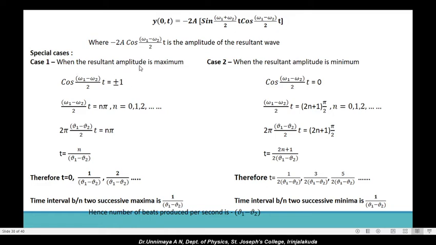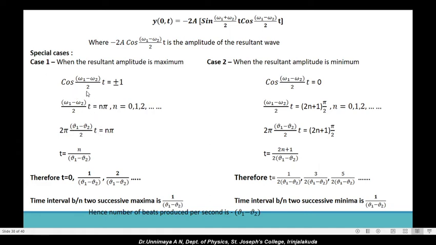So when the resultant amplitude is maximum, cos (omega 1 minus omega 2) by 2 into t is equal to plus or minus 1, which means that (omega 1 minus omega 2) by 2 into t is equal to n pi. Cos theta is maximum when theta is equal to n pi, where n is equal to 0, 1, 2, etc.